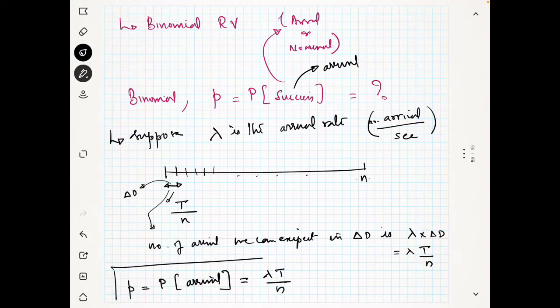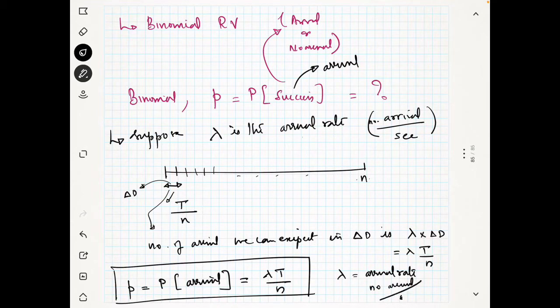I hope this is clear to you. Lambda is the arrival rate, which is represented as the number of arrivals divided by seconds. So this is the idea.